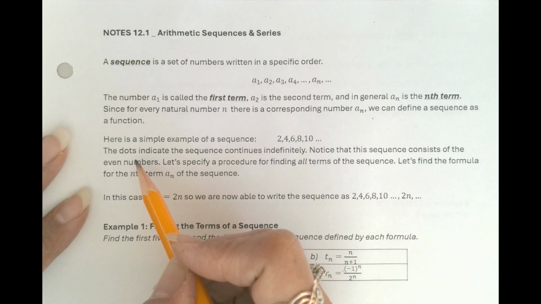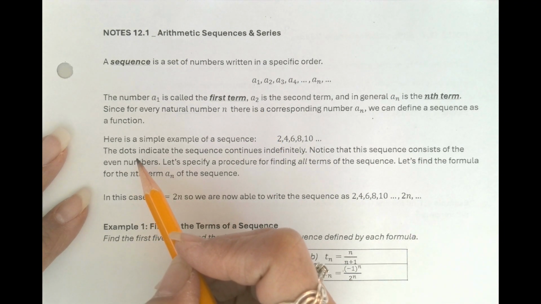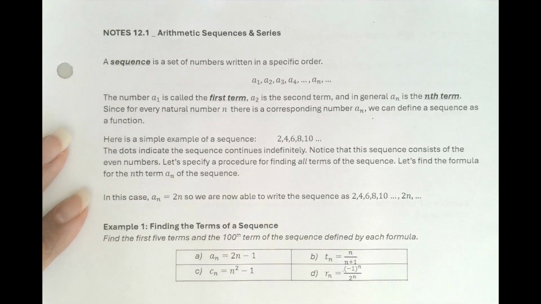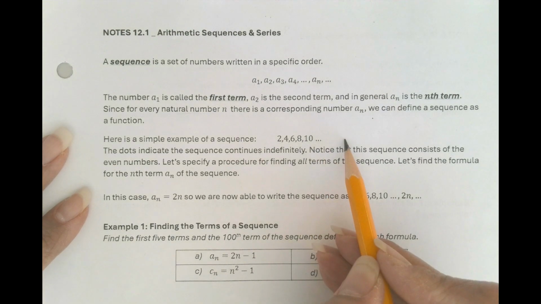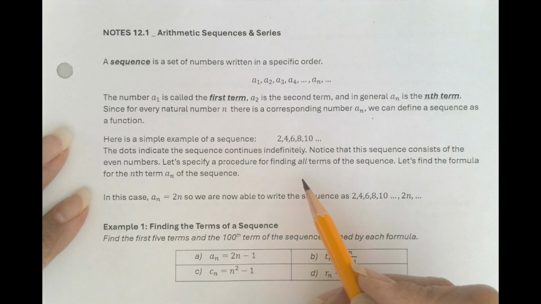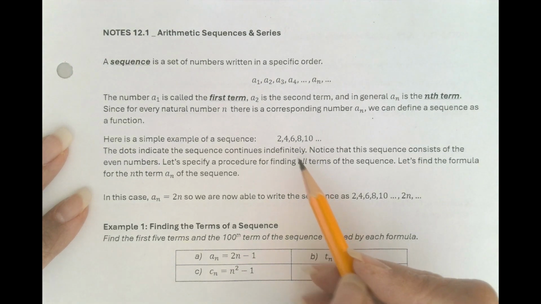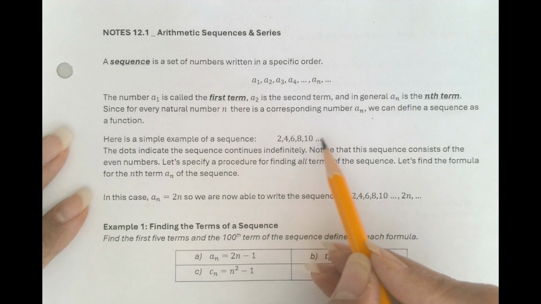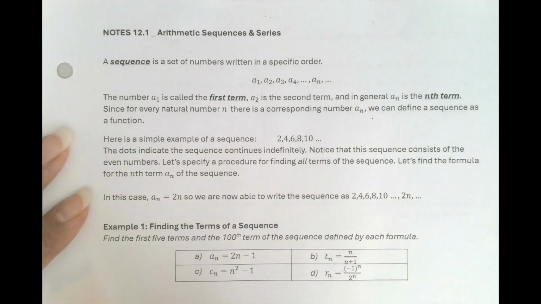So here's an example of a simple sequence of numbers that is arithmetic, or arithmetic. You can pronounce it one of two ways: 2, 4, 6, 8, 10. And you can easily guess what the numbers will continue to be, as you notice that these are even numbers. They are increasing by a pattern of adding 2.